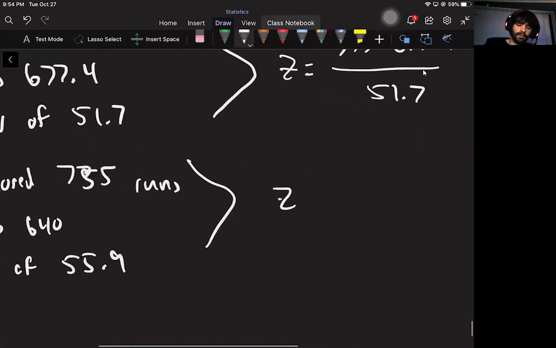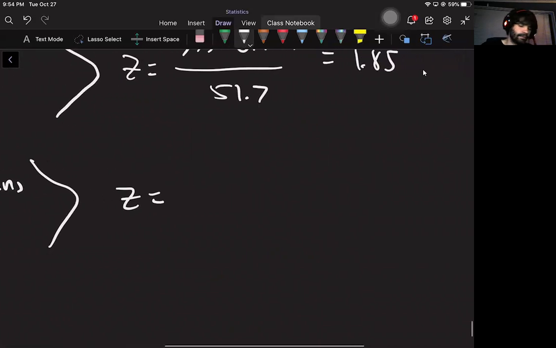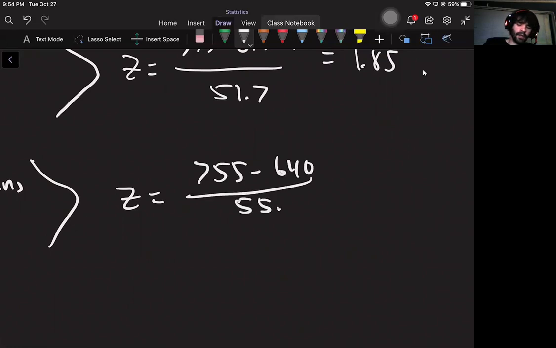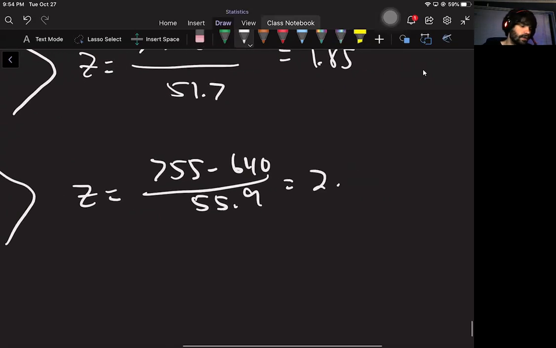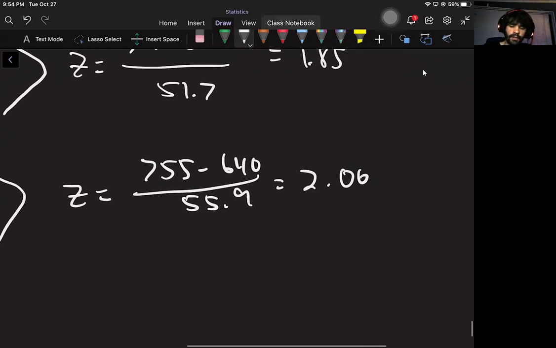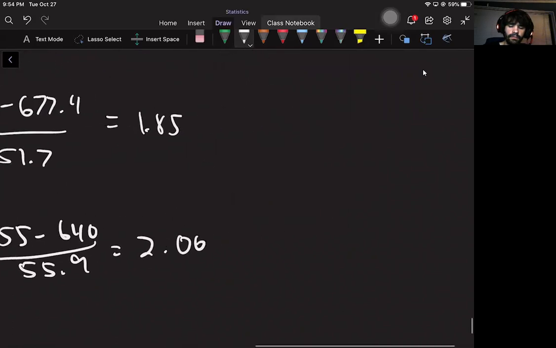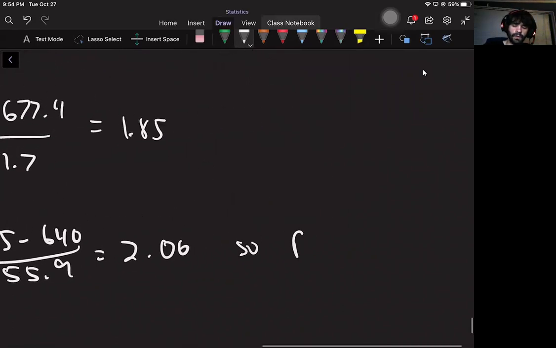Meanwhile, the Rockies, their z-score was 755 minus 640 over 55.9. So although they scored less, relative to their own league, they actually scored more. That's another example of how z-scores work.